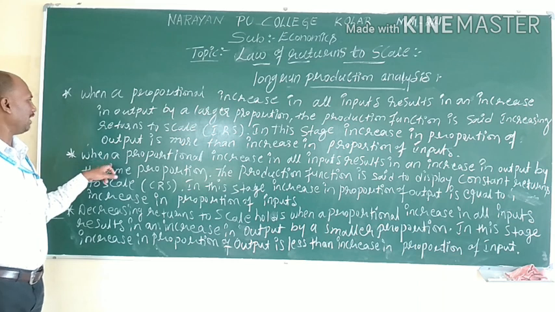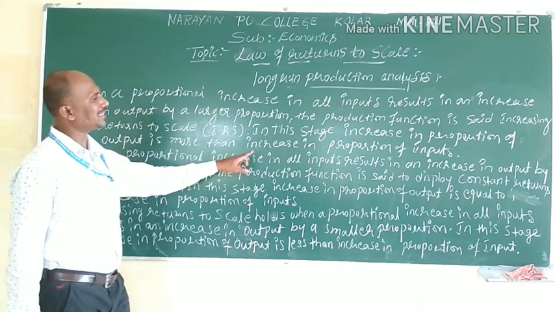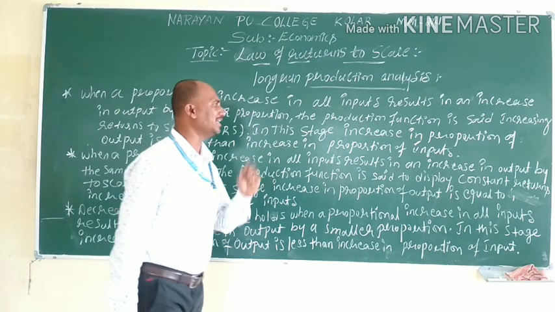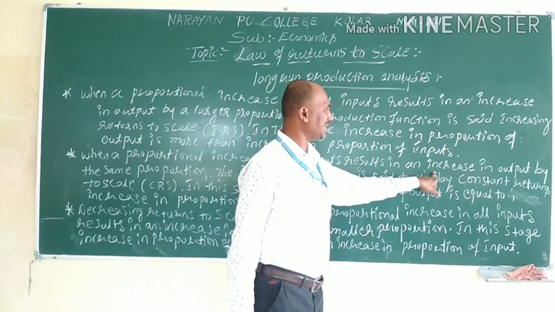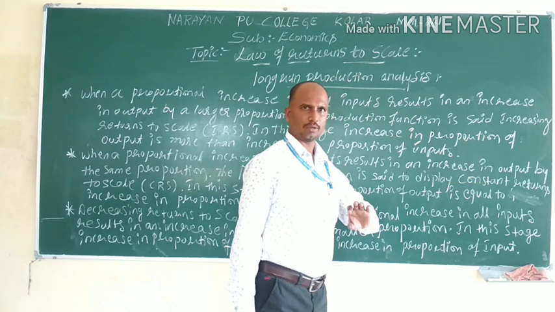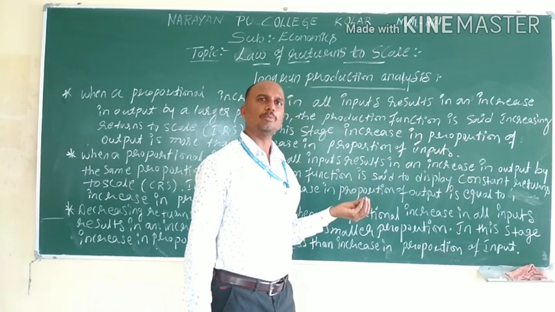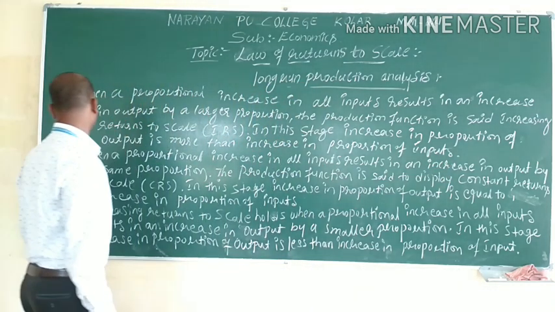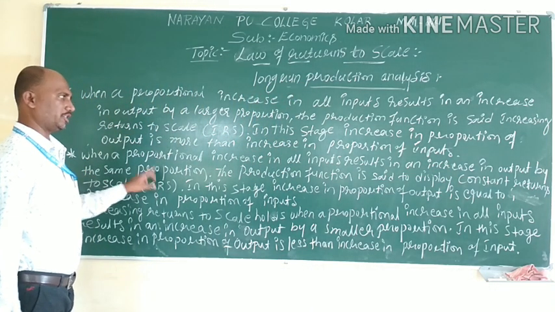Second stage, when a proportional increase in inputs results in an increase in output, the proportional increase in the inputs leads to a proportional increase in the output, in the same proportion.